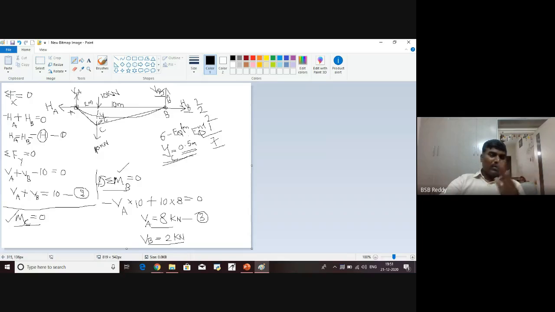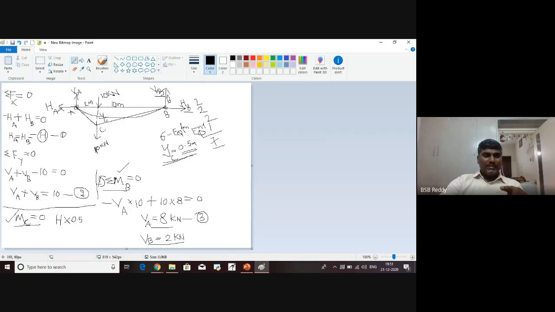So I take the left part. Okay. So sum of all moments about C to the left is equal to 0. So HA is equal to H. So H into distance YC. This is horizontal force. Perpendicular distance between C and H is equal to YC. What is YC assumed? 0.5.